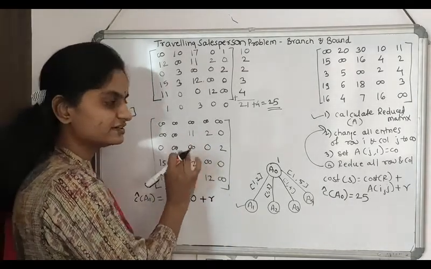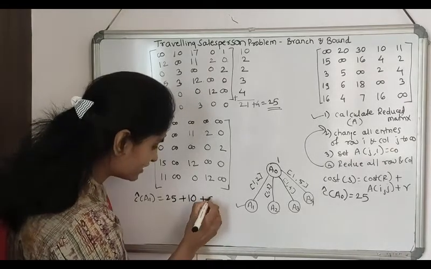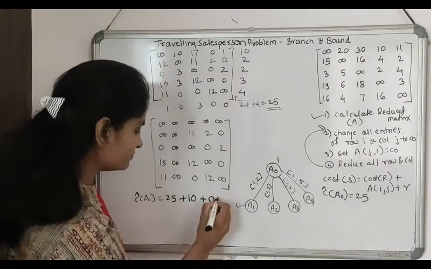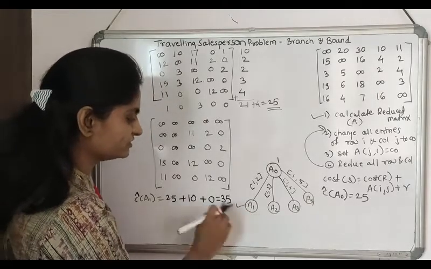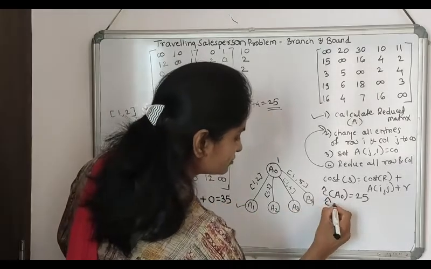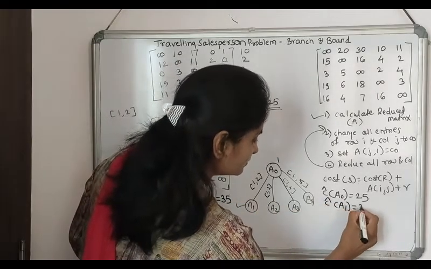There are no reductions, therefore R is 0, and 25 plus 10 is equal to 35. This is the cost of A1. The cost of A1 is equal to 35.